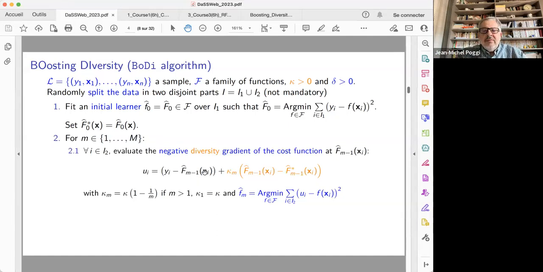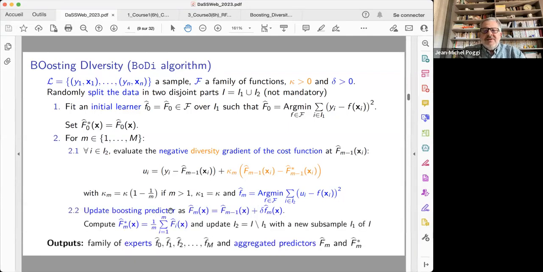So you have your residual, and again you fit it using your favorite method, the same one as previously, for example the CART decision tree, and you obtain f hat 1, which is the best way to model the residual. And then you update the boosting predictor. This is the additive formulation. The estimator at step M is the one at the previous step, plus a piece of the new estimator. This is the delta, which is here.